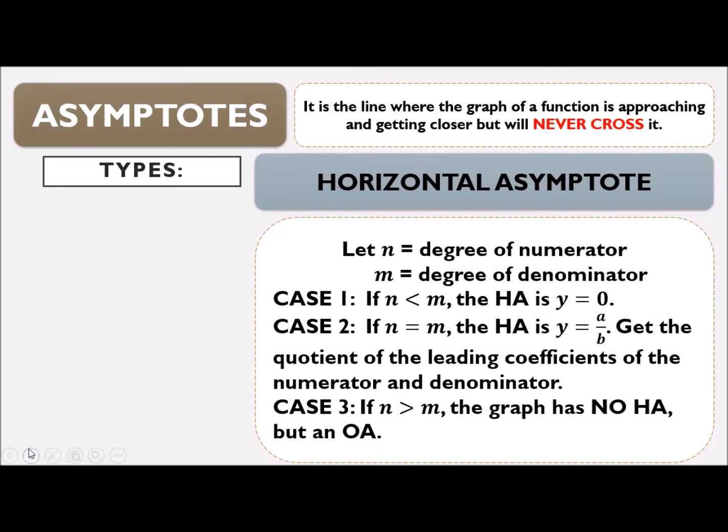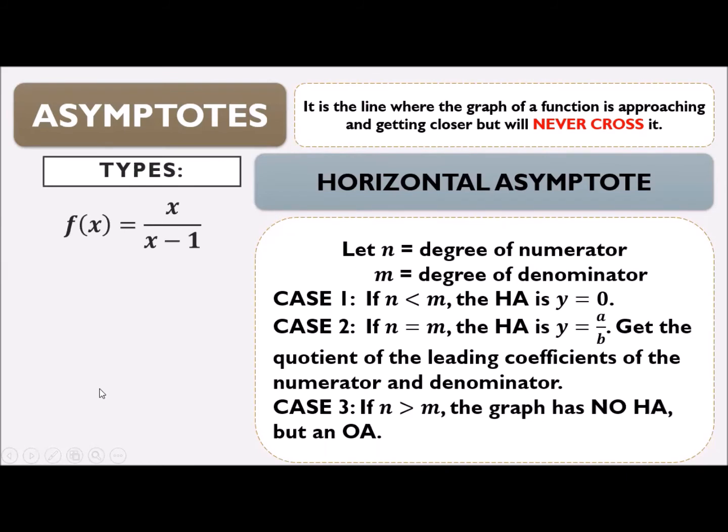So for that case, given this example, without using the graph, kunin po natin yung degree ng numerator. Okay? So ano ang degree ng ating numerator? Ano ang exponent dito? So walang nakalagay, so it means that is 1. Okay? And then for the m, we have here for the denominator, wala ding nakalagay, ibig sabihin may 1 din yan.